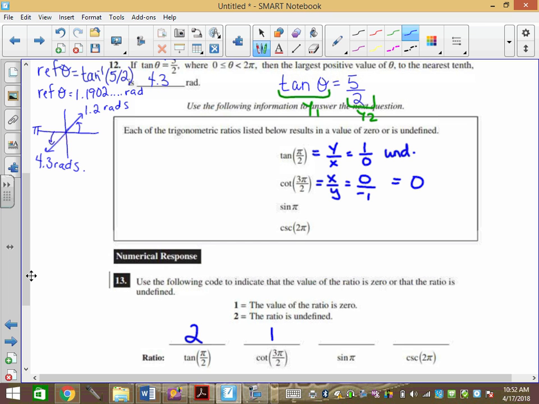Okay, so it's x divided by y. Did I mess up? 0 and -1. Is it 0? See, this one you won't catch in your calculator. It'll tell you an error in your calculator. Why?